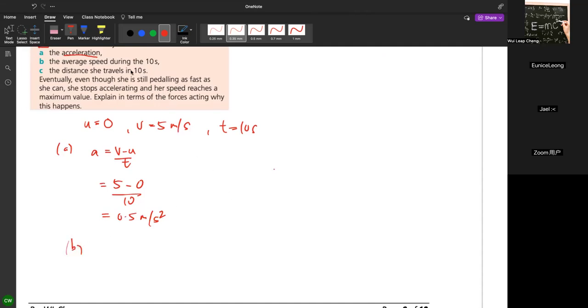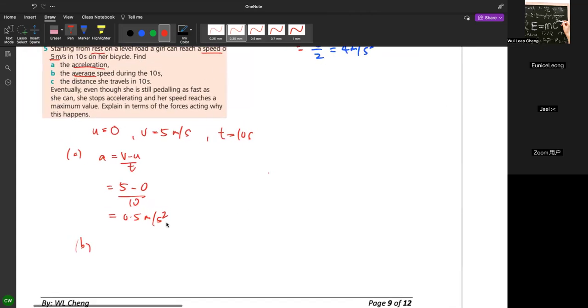Okay, the next one is the average. What is average? Average value. Normally we represent average by V bar. This one stands for average. That means it's the initial speed plus final speed divided by 2.